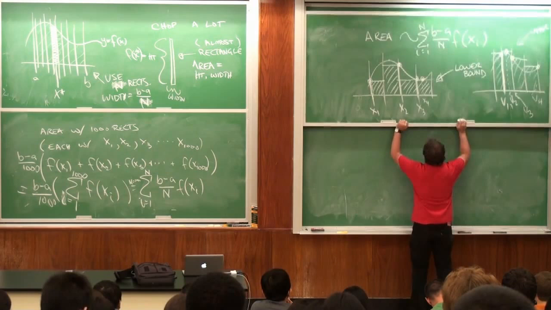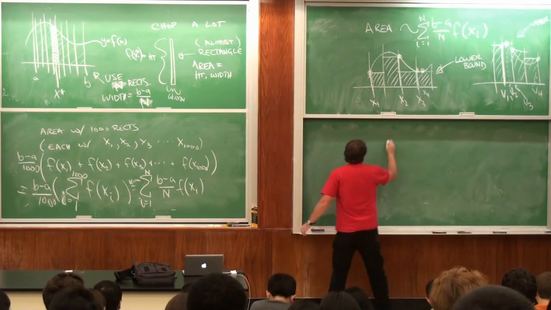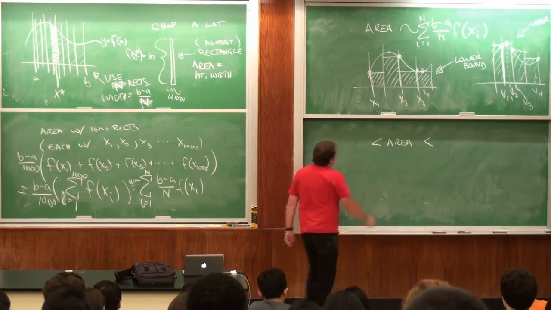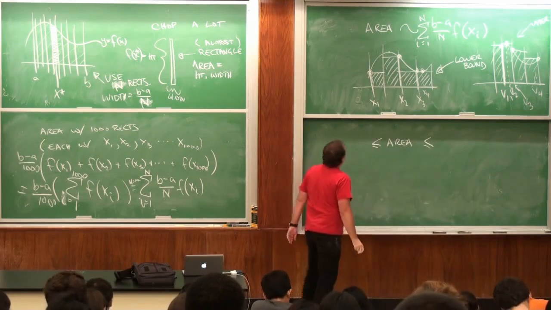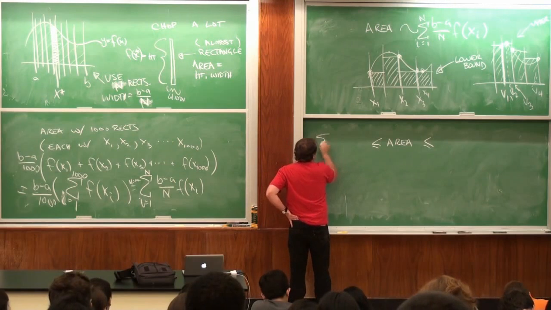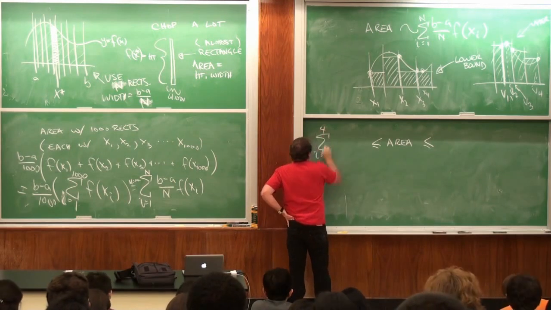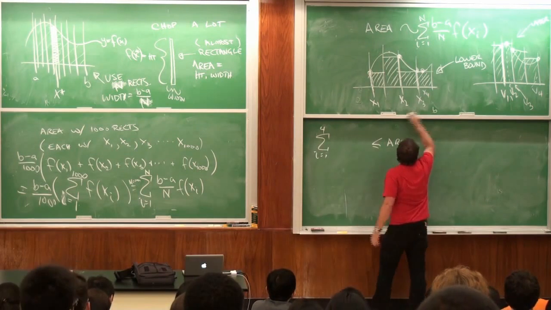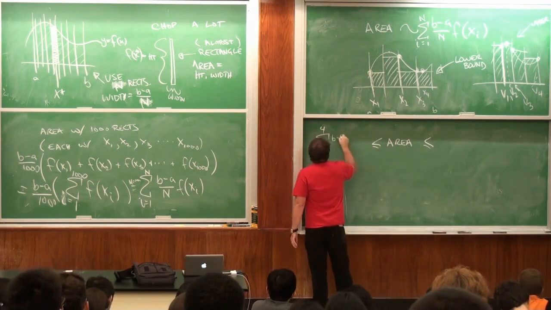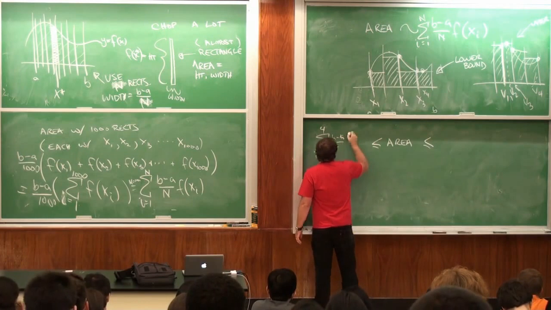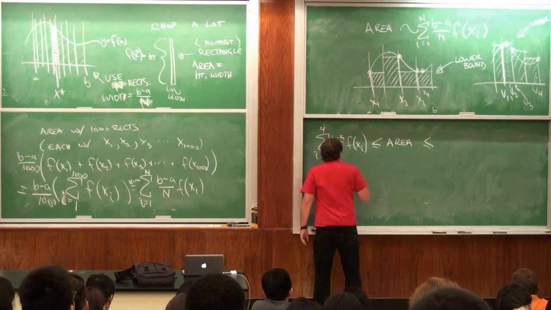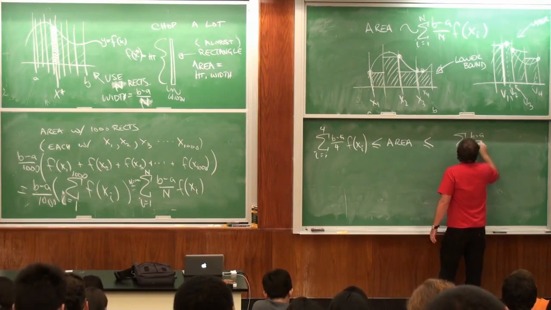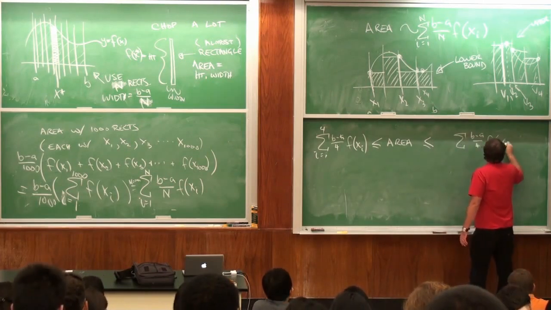So that means that the area is between, and maybe it's equal, but probably not, the sum, i equals 1 to 4, of b minus a over 4 times f of xi, and b minus a over 4 times f of vi.